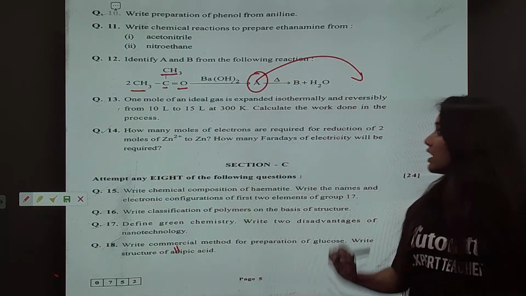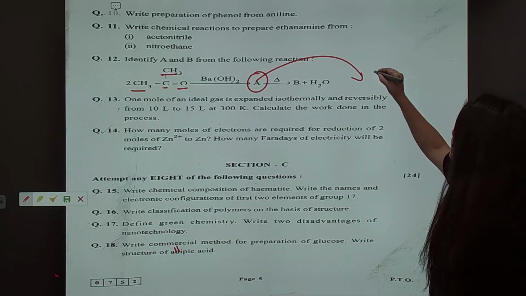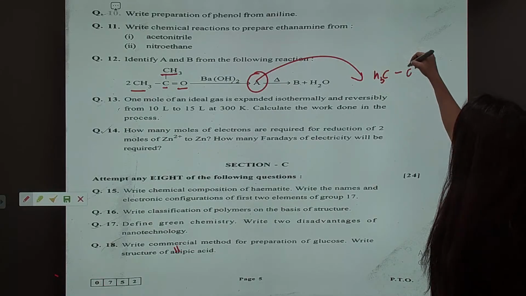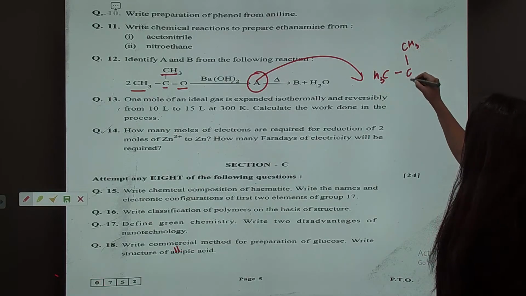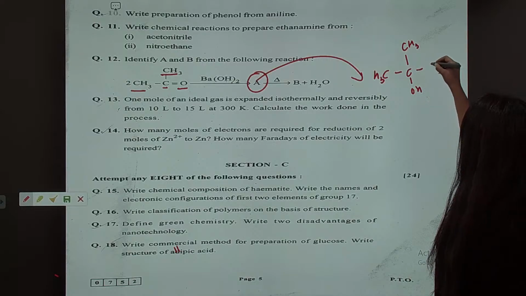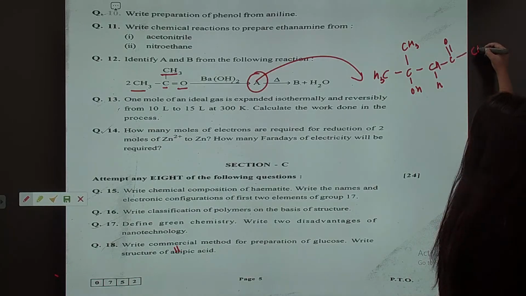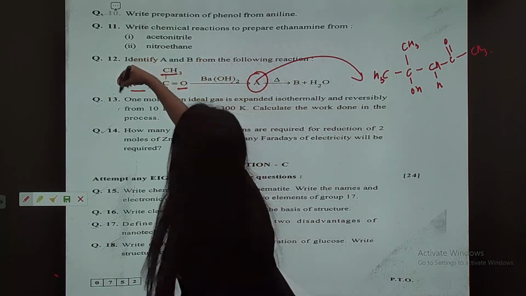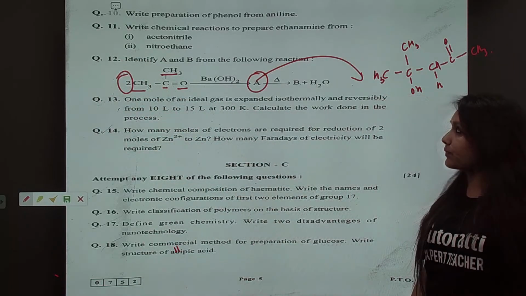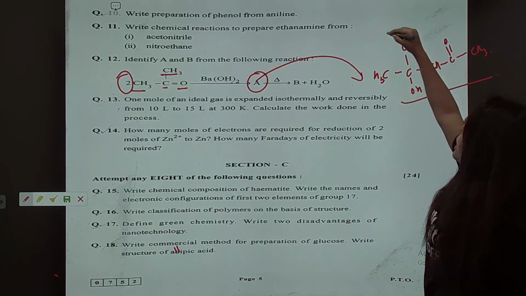I can write this as CH3, C, CH3, with one OH coming here, then again C, then H, H, C double bond O, CH3, since 2 molecules of acetone are given to us. So I get this. Now this is my A.